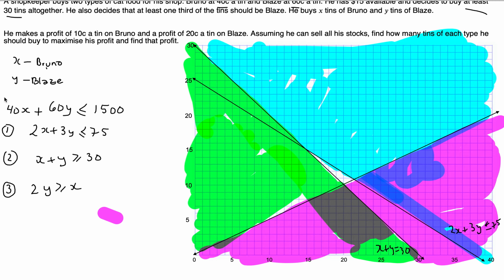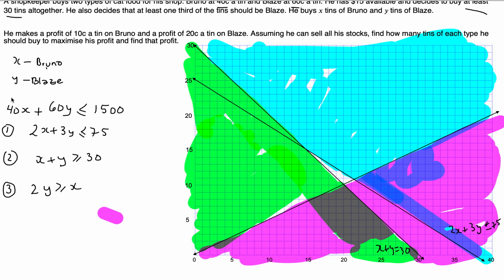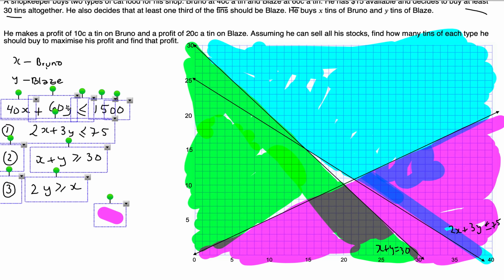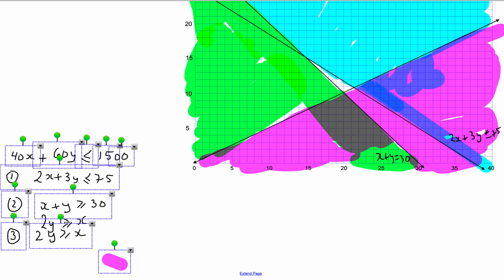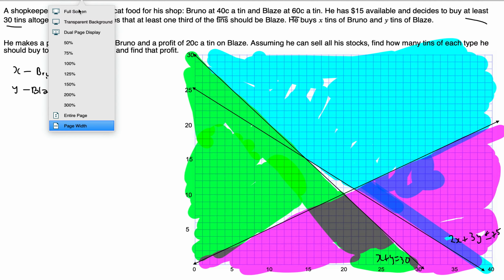Well, let's first list out all the possible values. Let me just take this down. So listing out all the possible values, if we zoom in here.